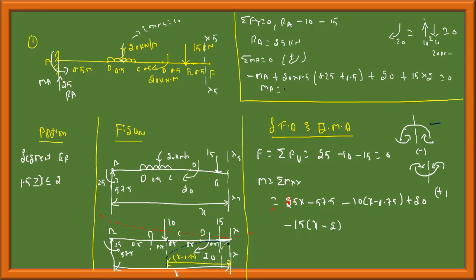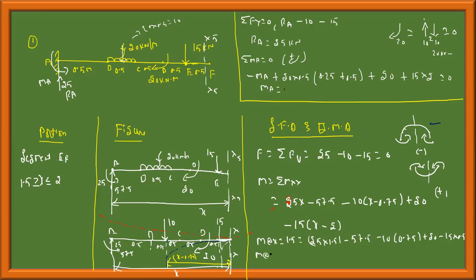I want only this perpendicular distance, therefore x minus this entire length. Therefore, M at x equal to 1.5 is 25 into 1.5 minus 57.5 minus 10 into x minus 0.75 plus 20 minus 15 into 0.5.